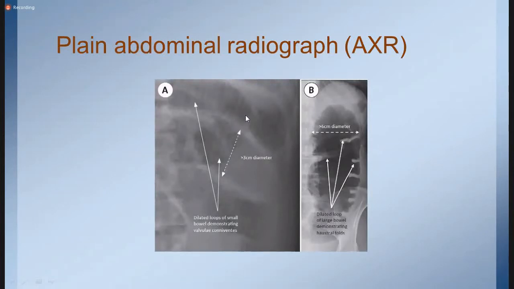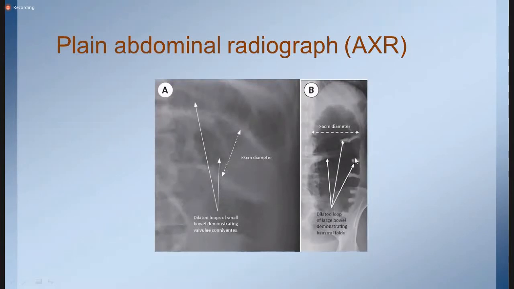Another thing is that they have valvulae conniventes. Here you can see these valvulae conniventes throughout the bowel. And the large bowel has haustrations. These are haustrations. These are incomplete bowel wall thickenings called haustrations.